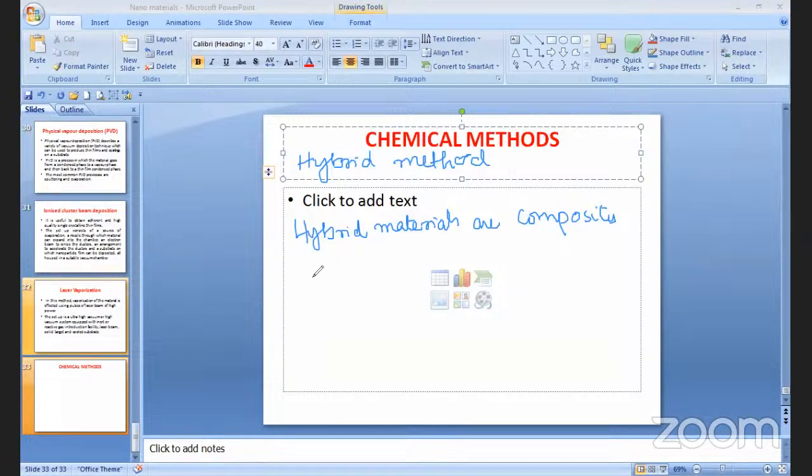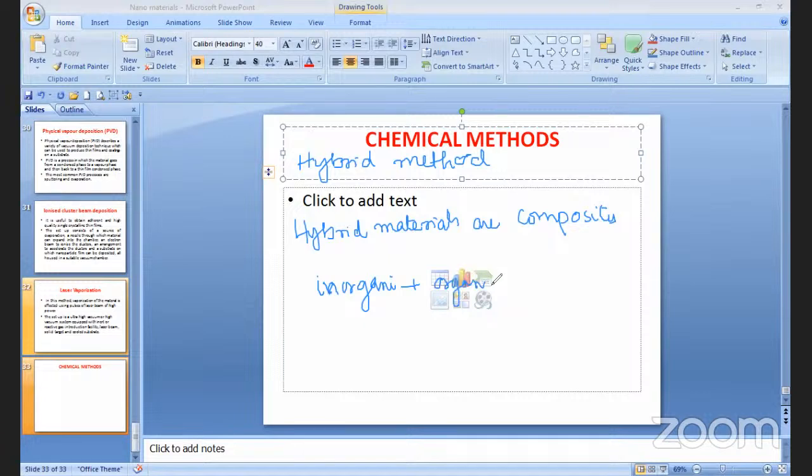Hybrid means consisting of two or more components. Here, one is an inorganic compound and the other is an organic compound.